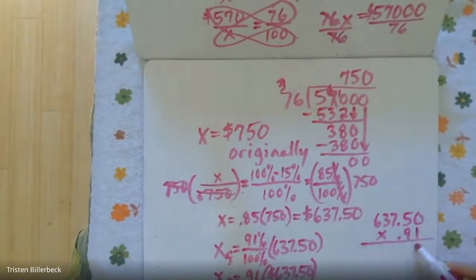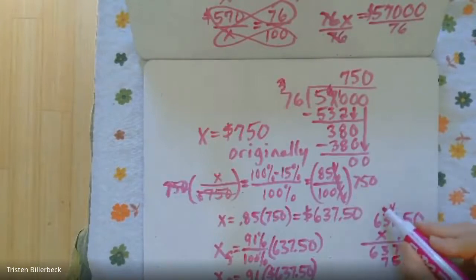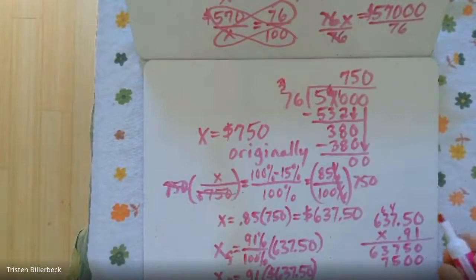So 1 times 0 is 0, then everything is the same because it's just multiplied by 1. And then we save a space here. 9 times 0 is 0, 9 times 5 is 45. 9 times 7 is 63, plus 4 is 67. 9 times 3 is 27, plus 6 is 33.